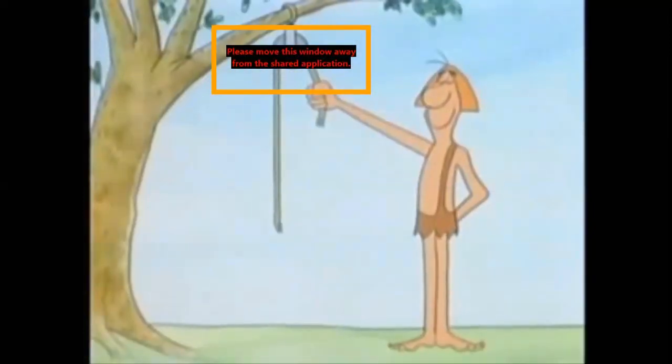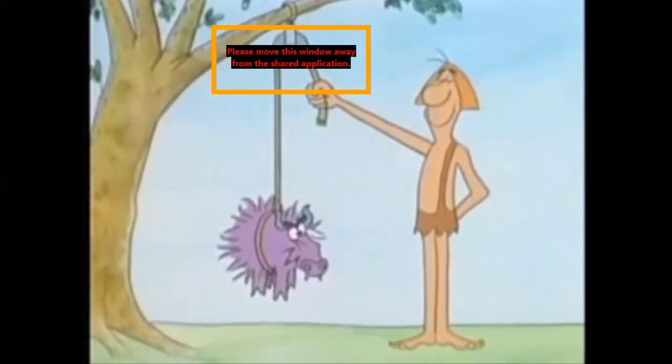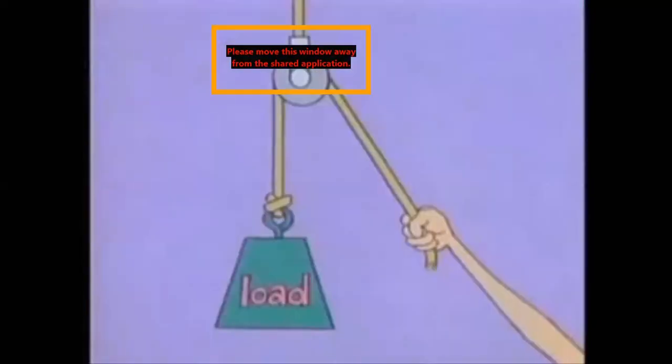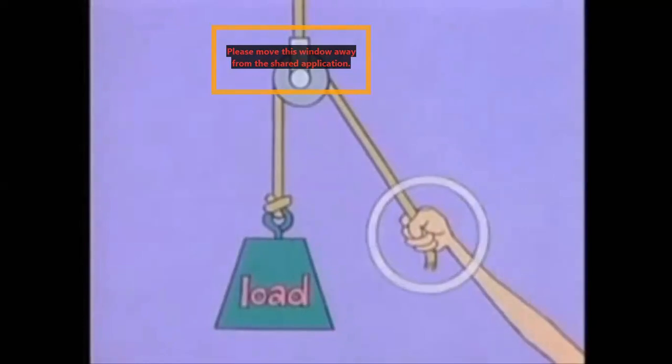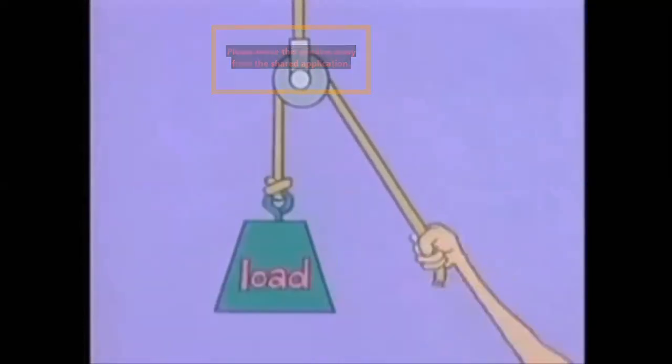How does a fixed pulley make lifting things easier? Suppose you attach a weight or a load here. A pull down on your end of the rope causes a pull up on the other end. You apply a force in one place, and that produces a force in another place to lift a load.